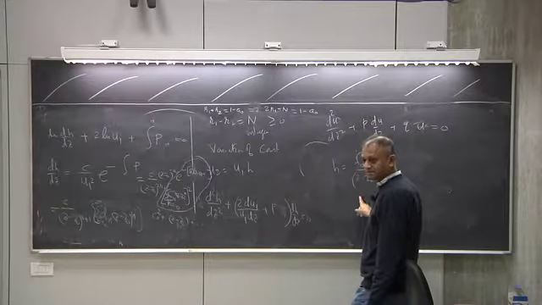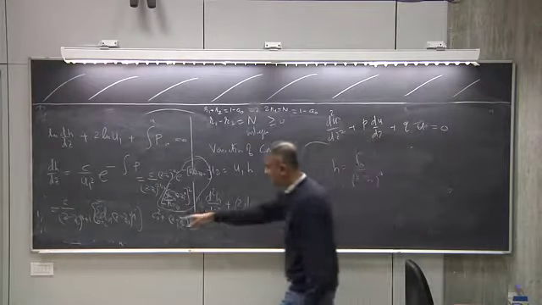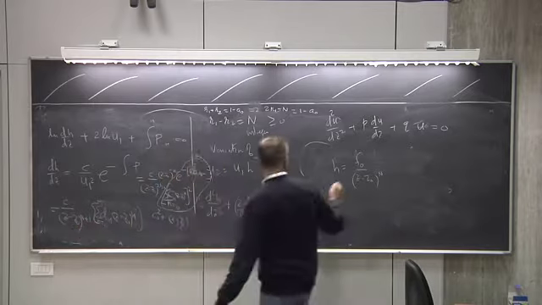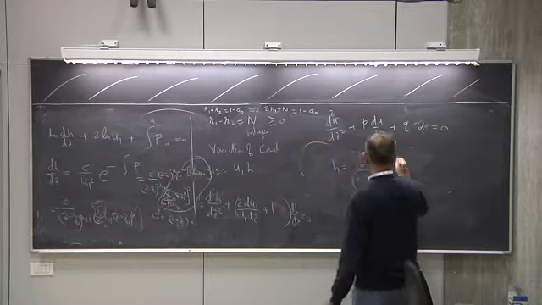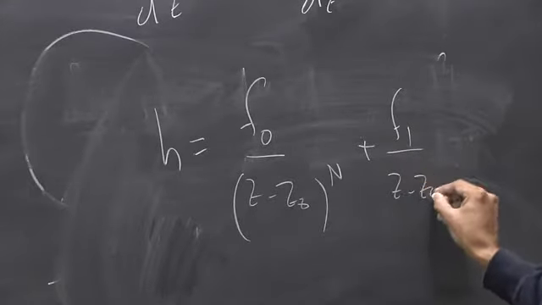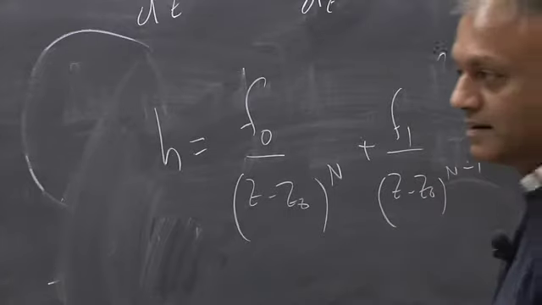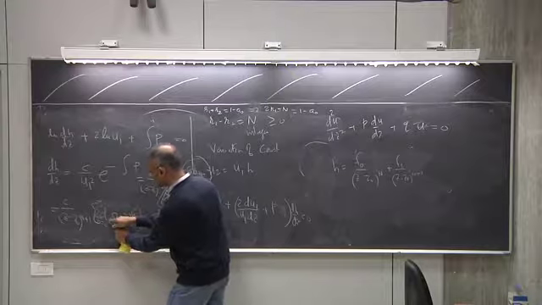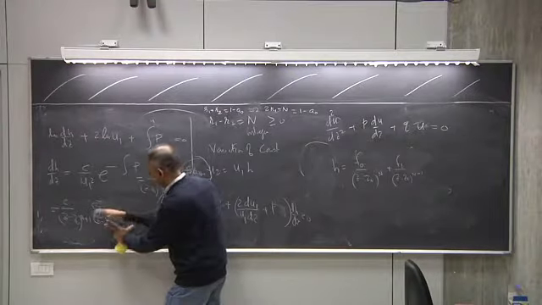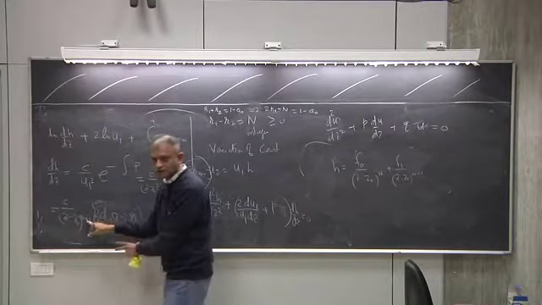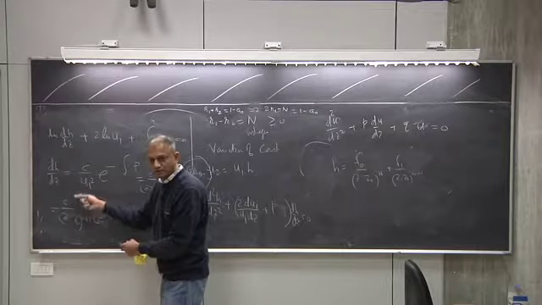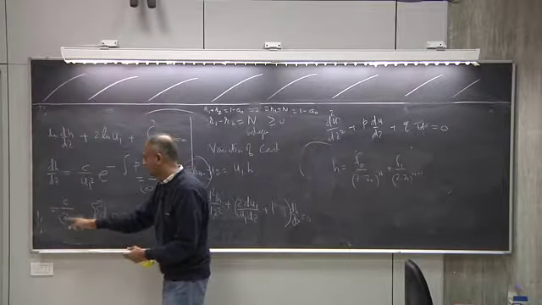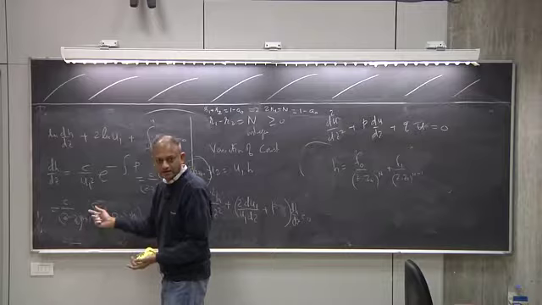That's the leading term. And then there will be lower powers, say f1 over Z minus Z0 to the n minus 1. The first term comes from taking little n equal to 0 here. That will be some constant divided by Z minus Z0 to the n plus 1. The integral of that will be some constant divided by Z minus Z0 to the n, right?